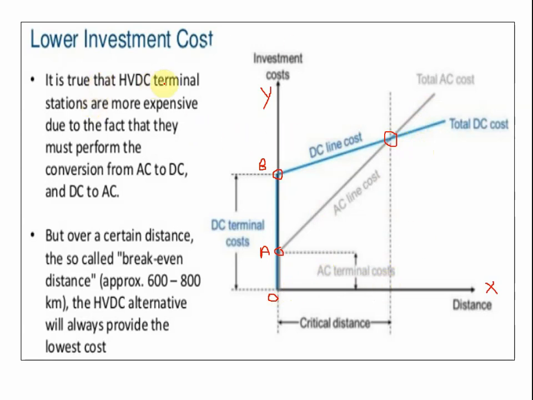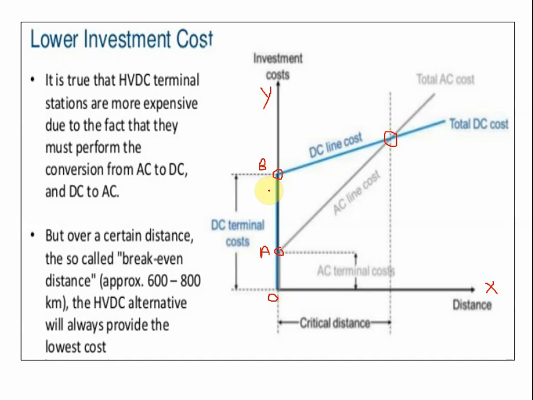So I summarize some points here. It is true that HVDC terminal stations are more expensive due to the fact that they must perform the conversion from AC to DC and DC to AC. From this graph you observe that the initial cost of the DC transmission line is high as compared to AC lines, because its graph starts from here, and the AC line starts from point A. This happens due to converter stations.